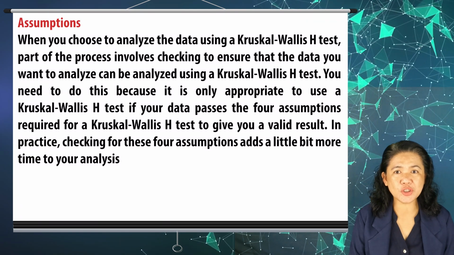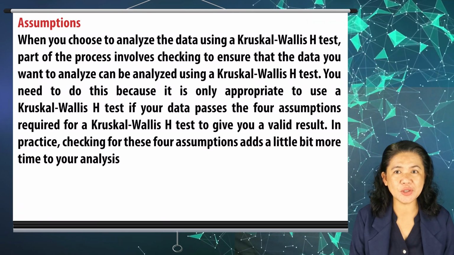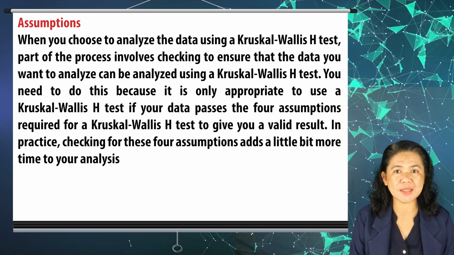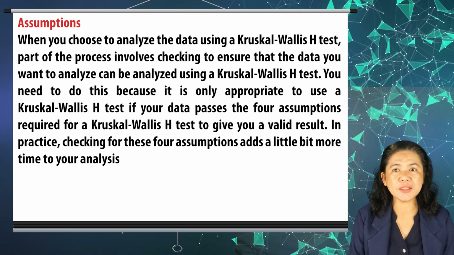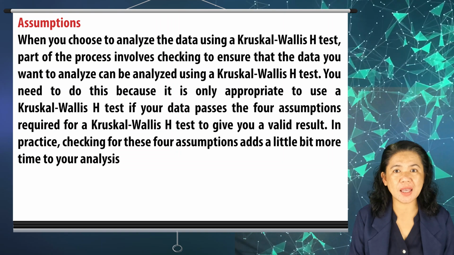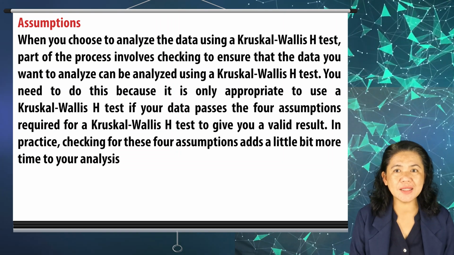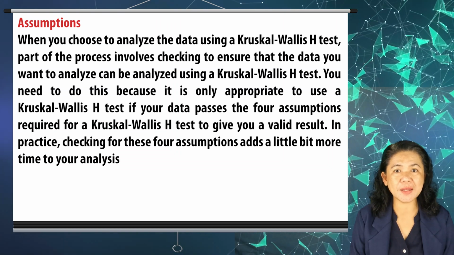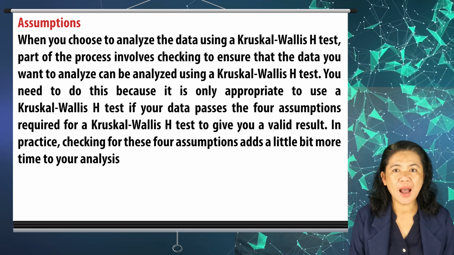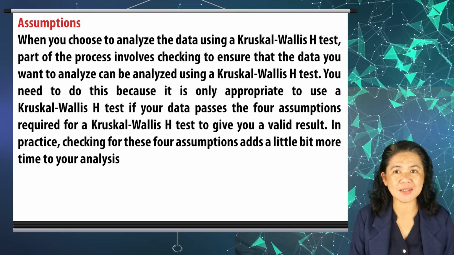Assumptions. When you choose to analyze the data using a Kruskal-Wallis H-test, part of the process involves checking to ensure that the data you want to analyze can be analyzed using a Kruskal-Wallis H-test.